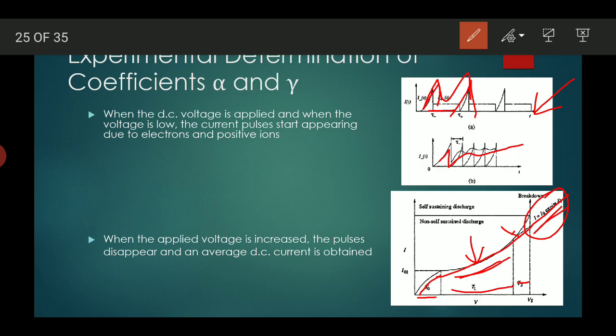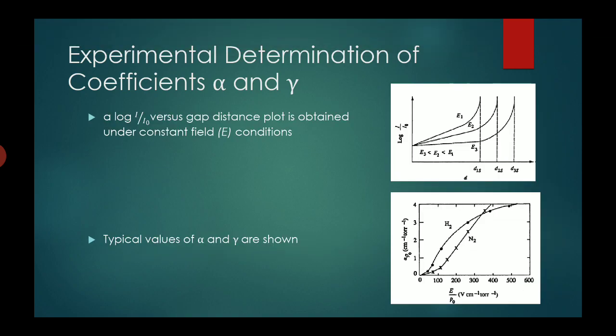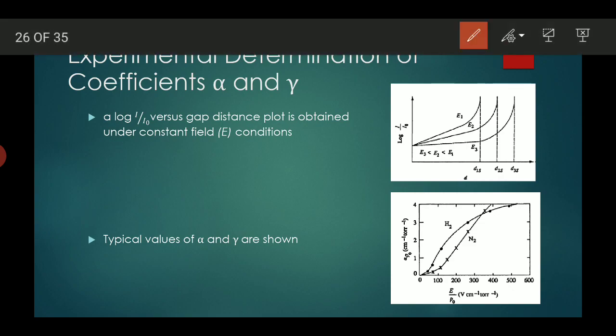Now we'll see how we obtain the alpha and gamma values. The next part is that we have a few more graphs to determine the value of alpha and gamma. The voltage current characteristics of different gap settings are obtained. We set different gap settings and we will have different currents for different gaps.